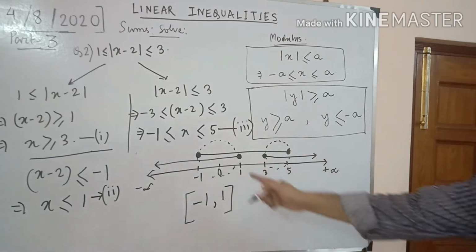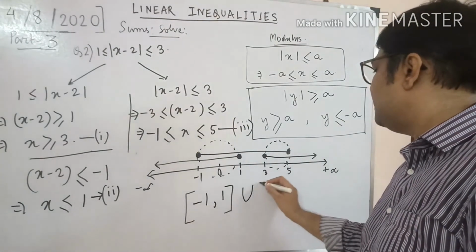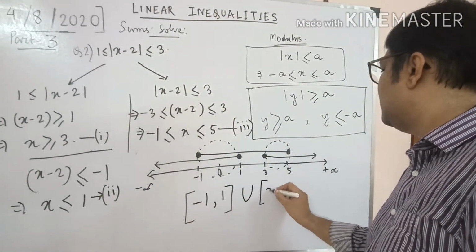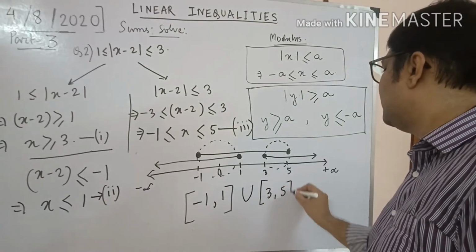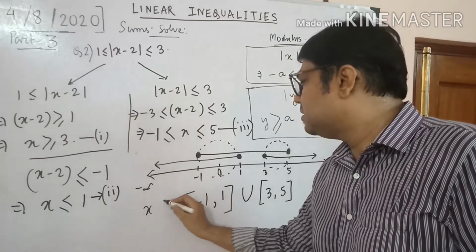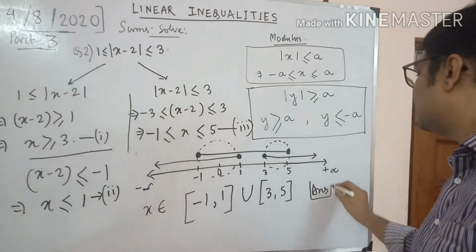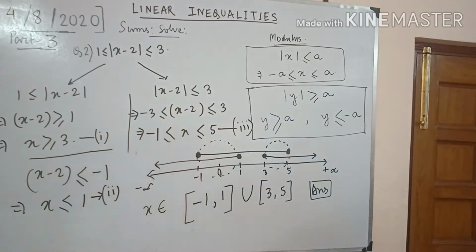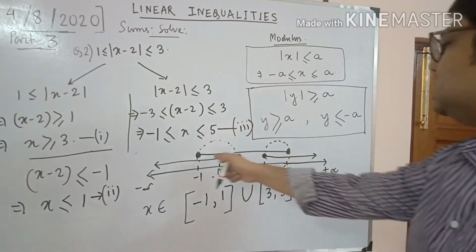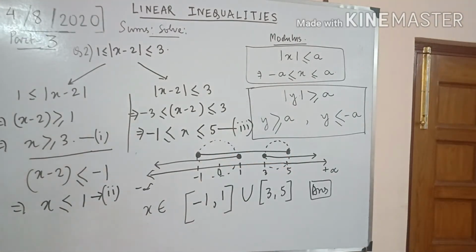So this region is satisfied, united with also 3 to 5. So this will be the solution answer for this. Please see if you have any confusion regarding this. So the common region of the intervals are considered over here.